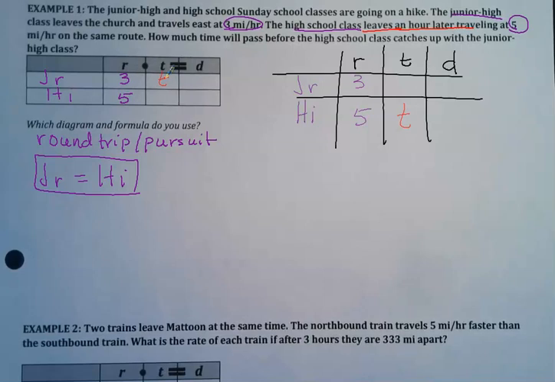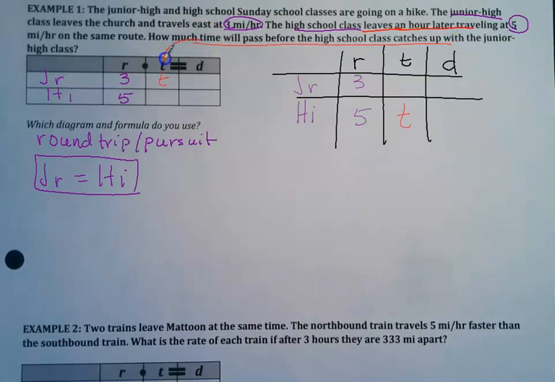Okay, so what is the time in this situation? Not the actual numerical value. Give me a definition of time. What does time mean here in this situation? Like how long it takes something. Okay, so the time here is how much time will pass before the high school class catches up.